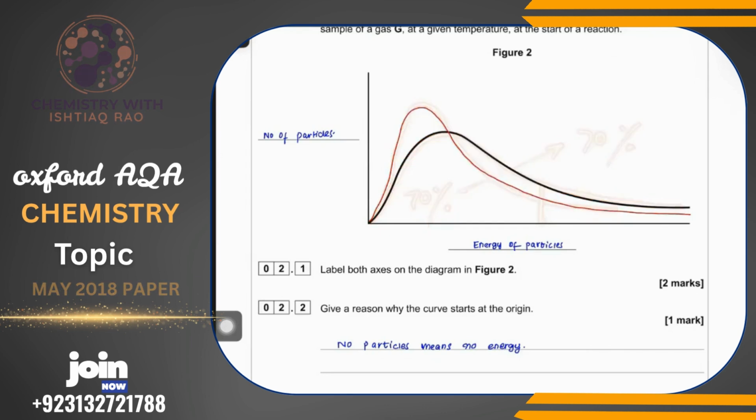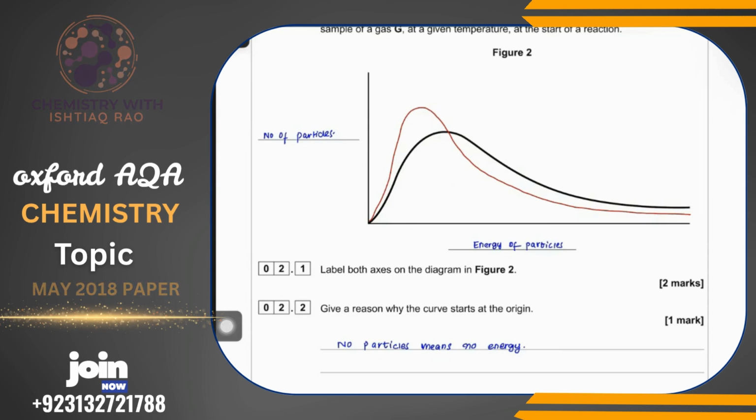If we increase or decrease the temperature, it doesn't mean that we increase or decrease the number of particles; it changes the rate of reaction. We cannot change the number of particles unless we change the concentration. Whenever we change temperature, pressure or volume, it doesn't mean the number of particles changes.